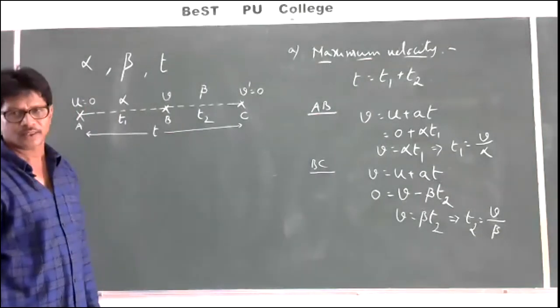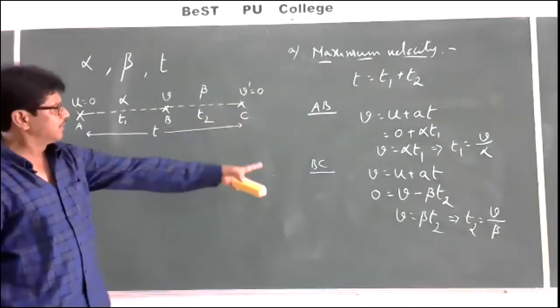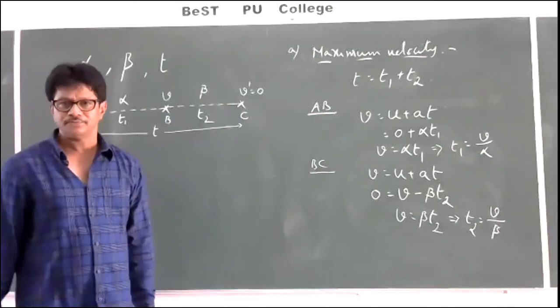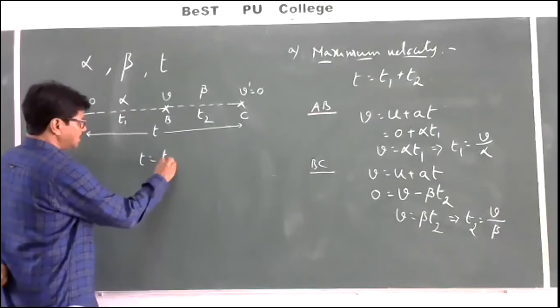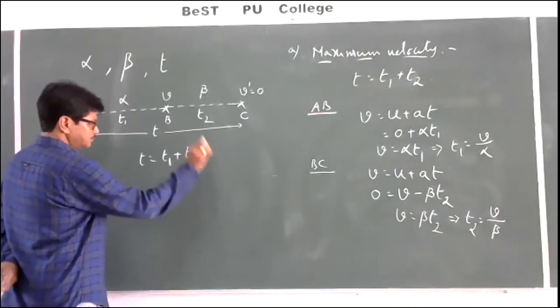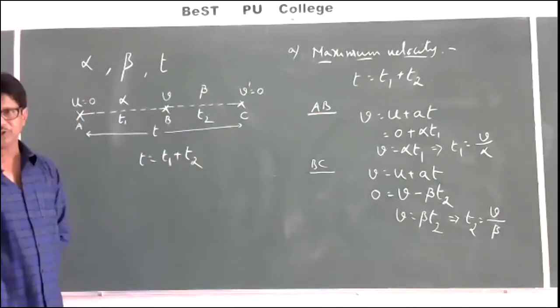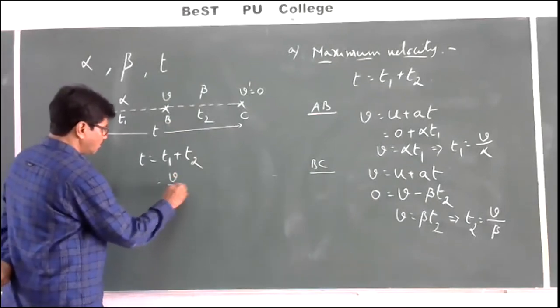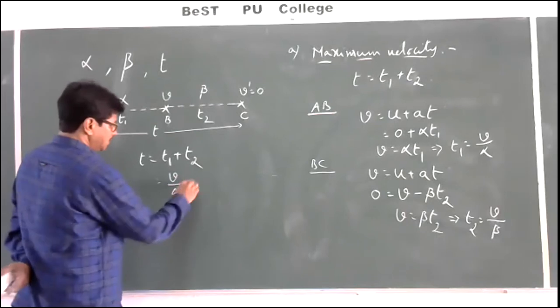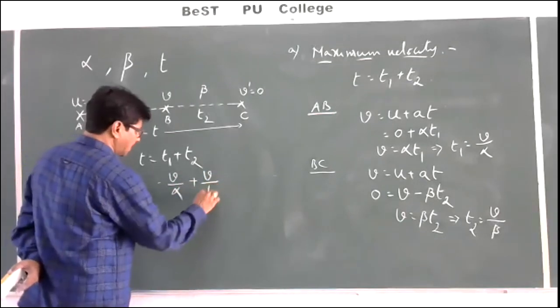So we got the T1 value and T2 value, and we know that T is equal to T1 plus T2. Very good. T is equal to T1 plus T2, where T1 is equal to V by alpha and T2 is equal to V by beta.